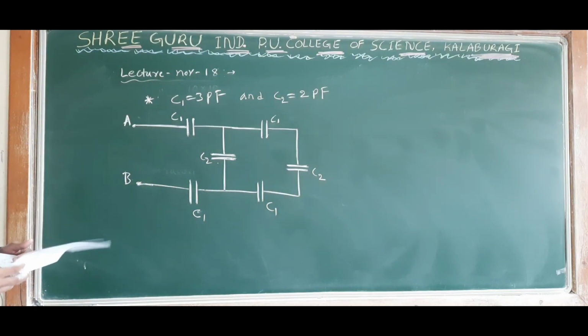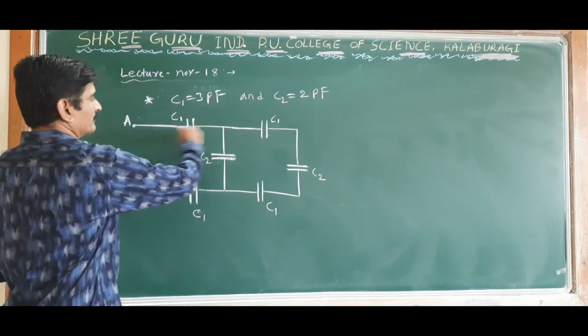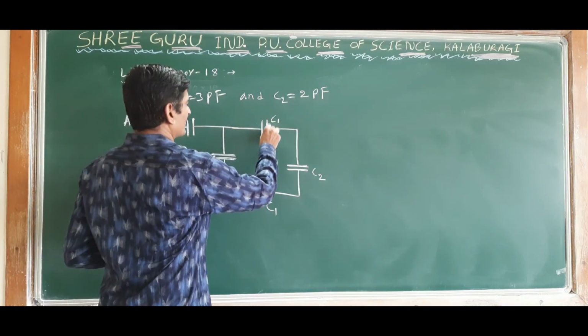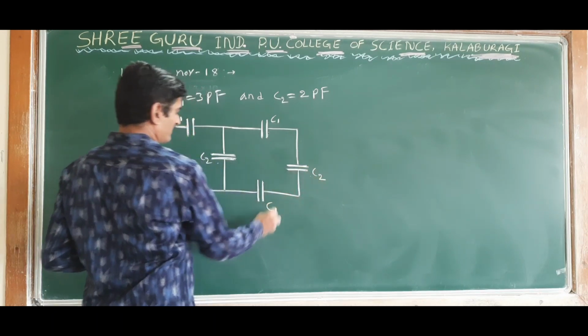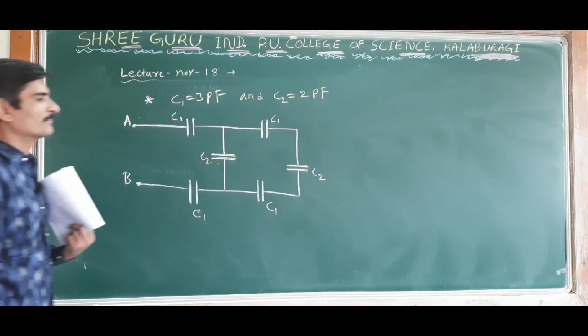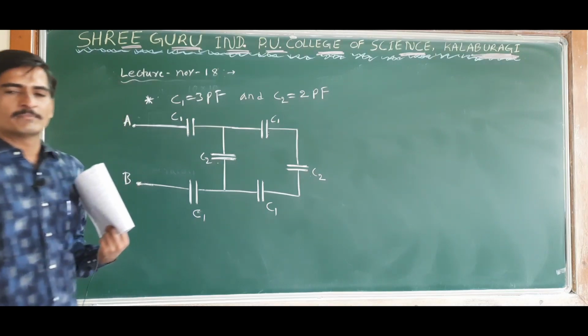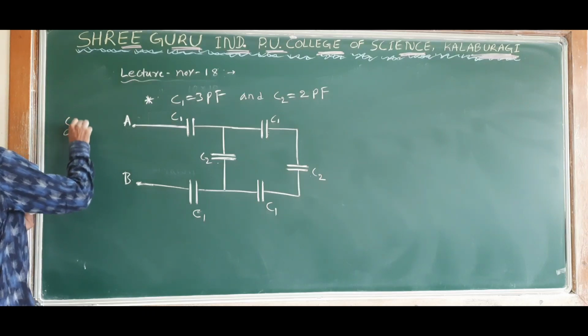So see the diagram. By looking at the diagram, you can tell these three are in series, C1, C2 and C1. It is confusing with so many C1s, so let us give numbers. In the solution they have given numbers, but in the question they did not.